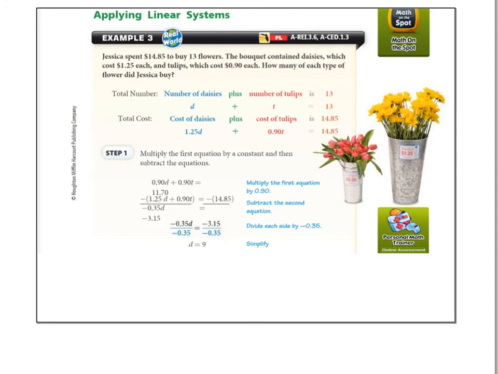With these, when you are going to be multiplying to eliminate them, you will technically be multiplying by some decimals. So feel free to use your calculators to go through these. And as you look through their work, you'll notice that they multiplied the first equation by a negative 0.9.